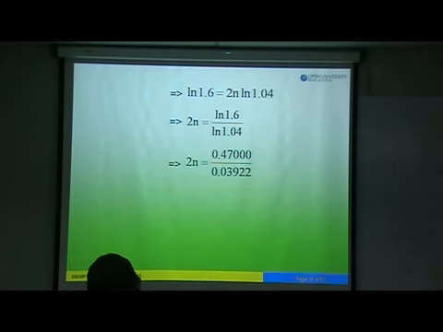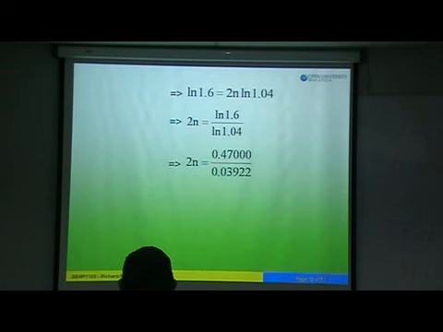Log 1.04, you should get 0.0392. Use the correct log on your calculator. Because your calculator has LOG, make sure you know which one. Either one can, but make sure you use the correct one.